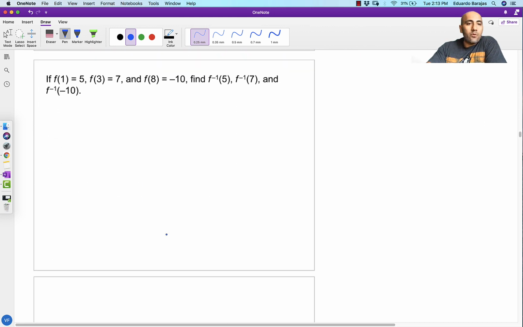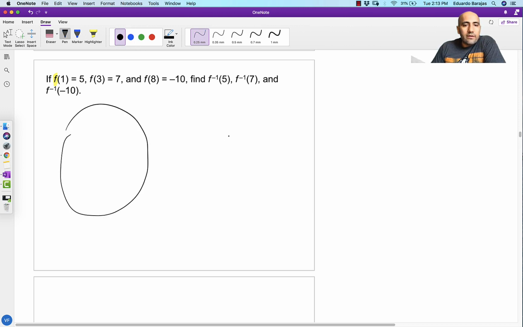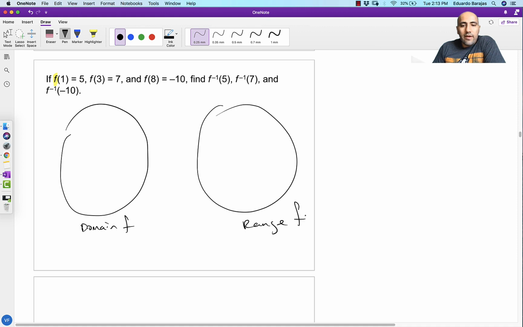Here's another little example with some numbers. Let's say that these two functions, f and f inverse, are defined this way. We have that f of 1 leads to 5, f of 3 leads to 7, f of 8 leads to negative 10. And then they ask us to find each one of these other values. So let's map them. Doing the jelly bean description of what we are given, under the f function, let's call this the domain of f, and this the range of f.